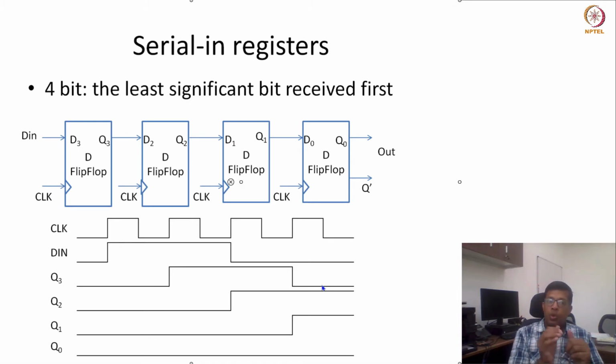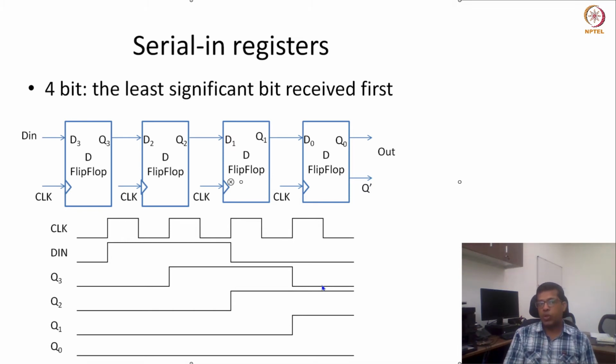Although D in was connected to the most significant bit of my flip-flop, because it is cascaded, my output was connected to the next input, similarly the next output was connected to the further next input. That's why we were shifting the value of D in to the right direction every time. We can also call this particular register a shift right register. We are shifting the output in the right direction every 1 clock cycle.